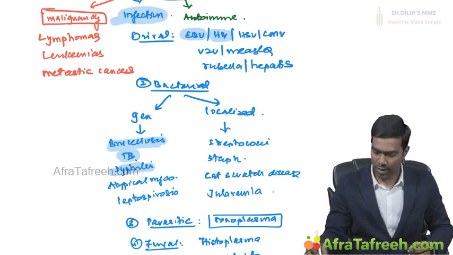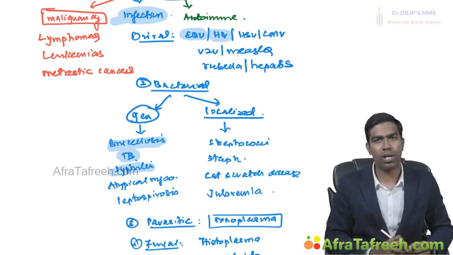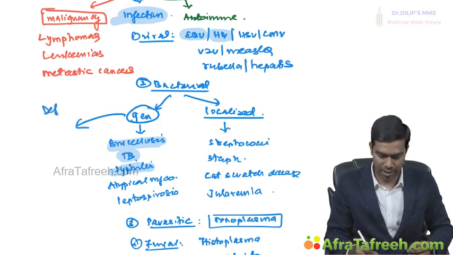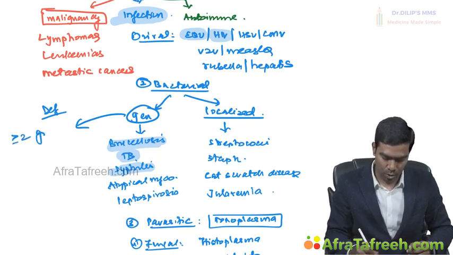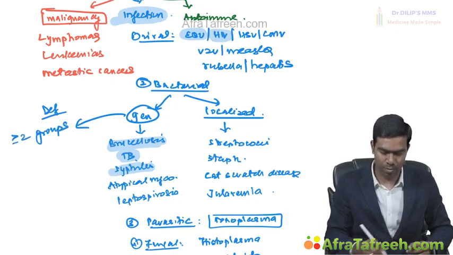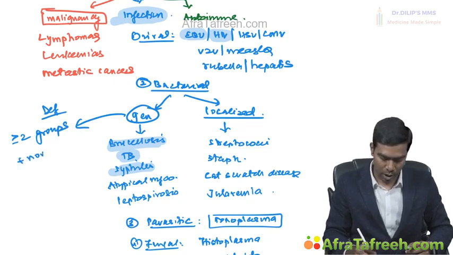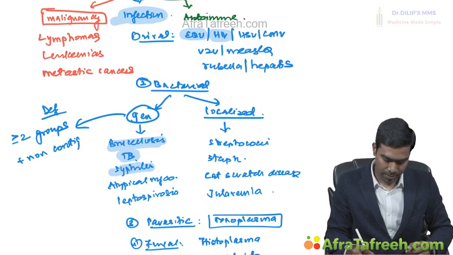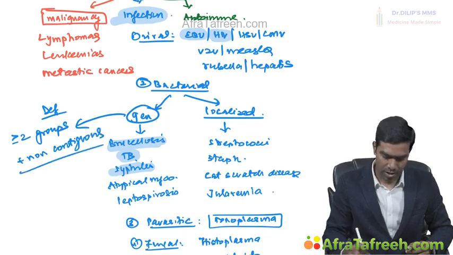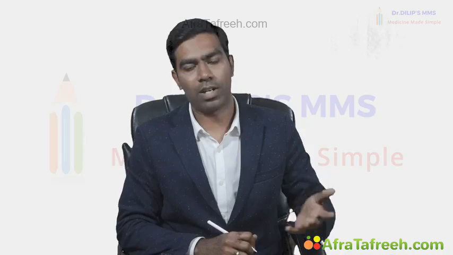And here I have used the terms generalized and localized. What do you mean by generalized and localized? The definition of generalized is that at least 2 lymph node groups are involved, and they are non-contiguous. Non-contiguous means they should not be anatomically contiguous, next to each other. For example, cervical and inguinal is definitely non-contiguous.